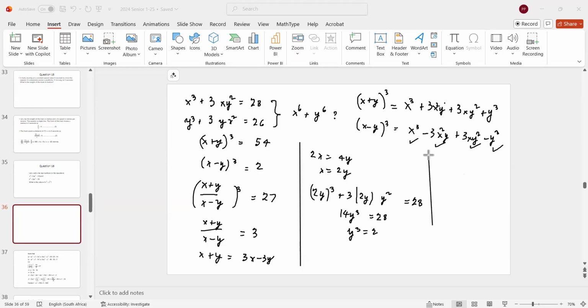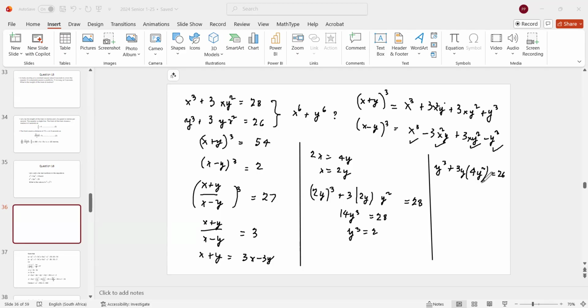Okay, we can do the same thing for the second equation. I can substitute x equals 2y in the second equation. The second equation has got a y cubed as a starting point. I'm now going to replace the x's. So I've got y cubed, and here I've got 3y, and x is 2y, so I'm going to replace x squared by 4y squared, and that is 26.